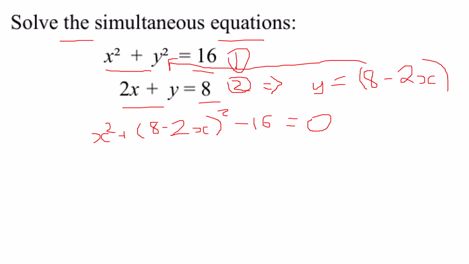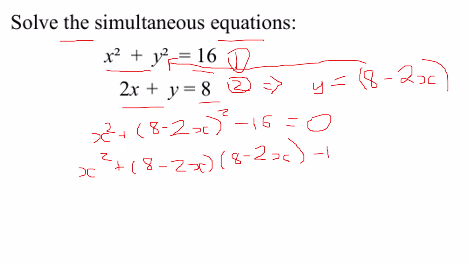I'm now going to expand this double bracket, so we're going to have x squared plus 8 minus 2x times 8 minus 2x, taking our time with this in the exam, then close brackets and subtract 16 equal to 0.